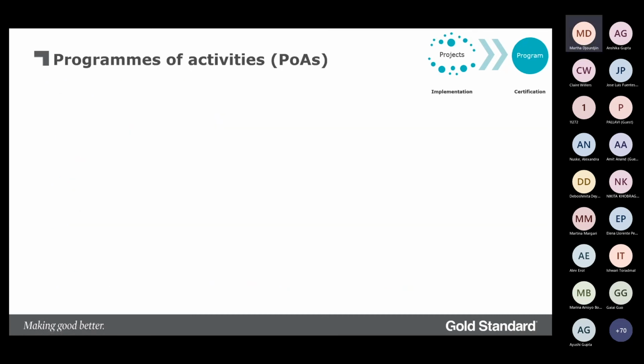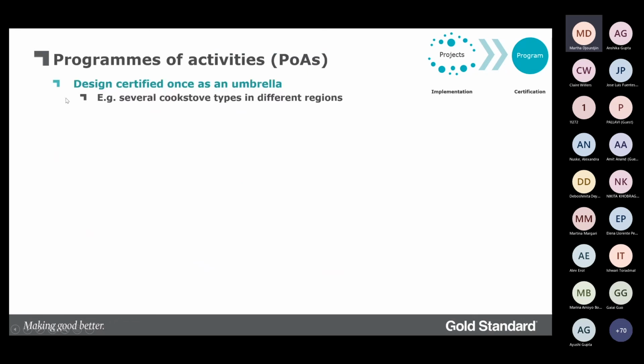Now, compared to programs of activities, this is very similar. So we're also trying to group projects, not different measures like last time, but different projects together into a program. So we have one design certification as an umbrella. So for example, if we have several cookstove types in different regions, and then we can again have phased implementation.